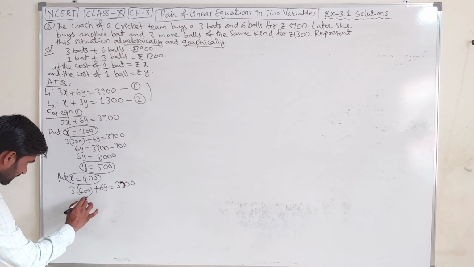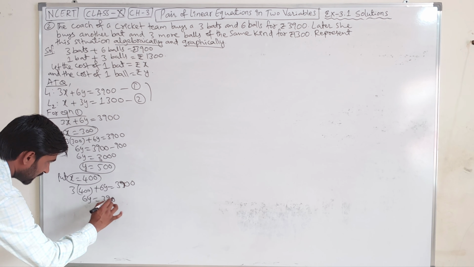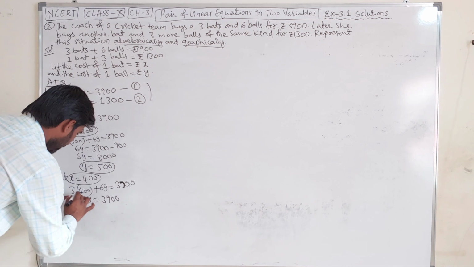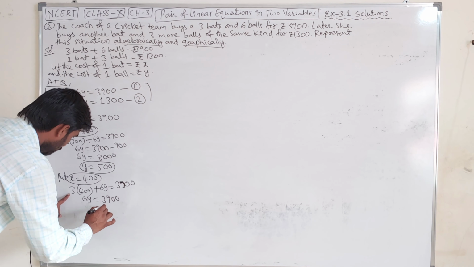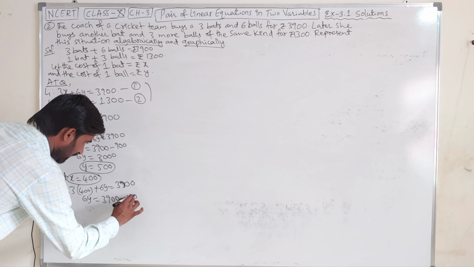So 6y equals 3900 minus 1200, since 3 times 400 is 1200.